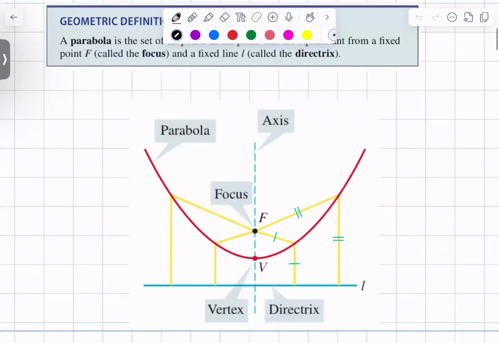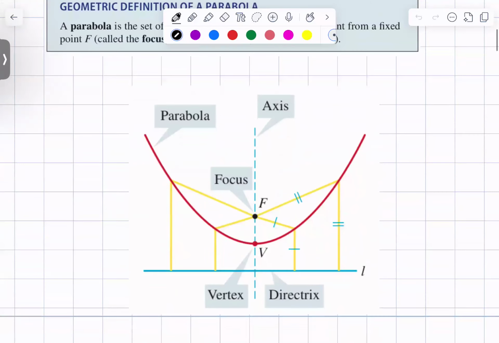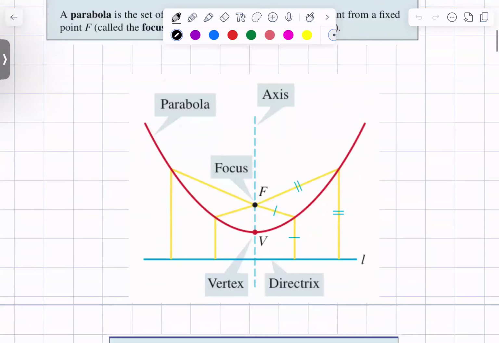So there's a picture of it, okay? The axis of symmetry is right here. All right. And just some things, the red is the parabola right there.